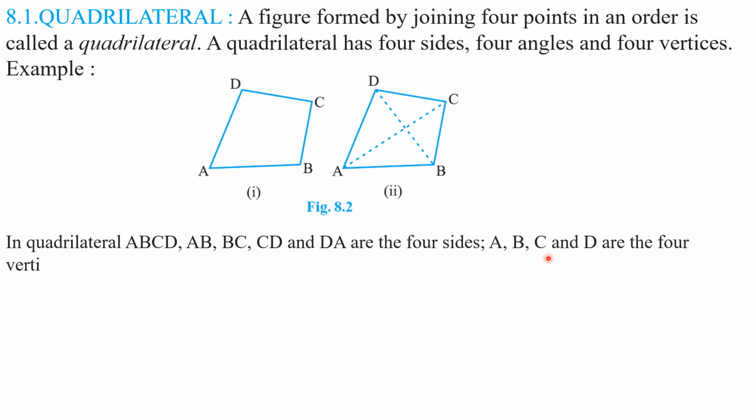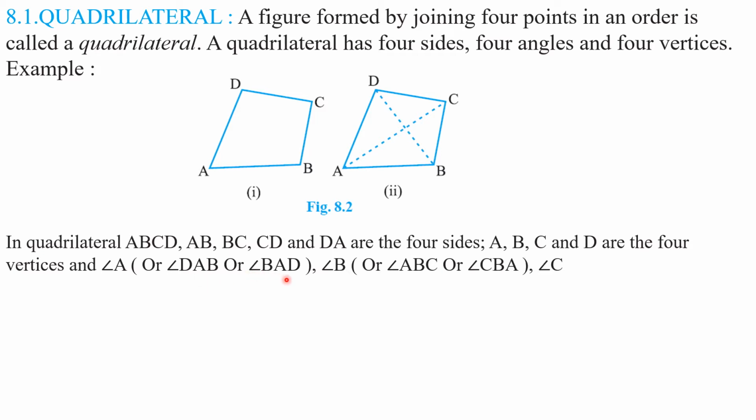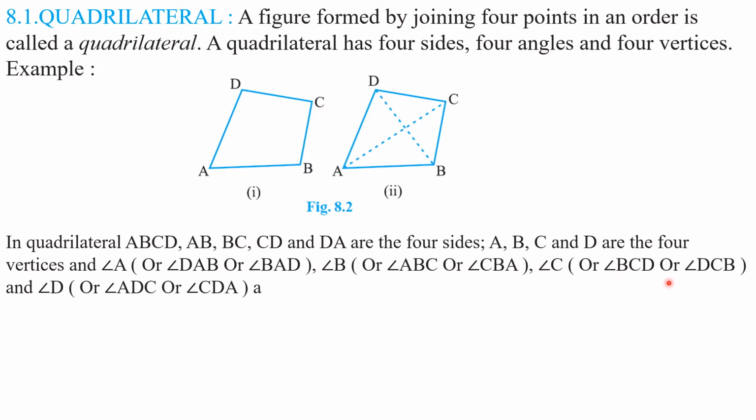A, B, C and D are the 4 vertices. Angle A is also written as angle DAB or angle BAD. Similarly, angle B can be written as angle ABC or angle CBA, angle C as angle BCD or angle DCB, and angle D as angle ADC or angle CDA. These are the 4 angles formed at the vertices.